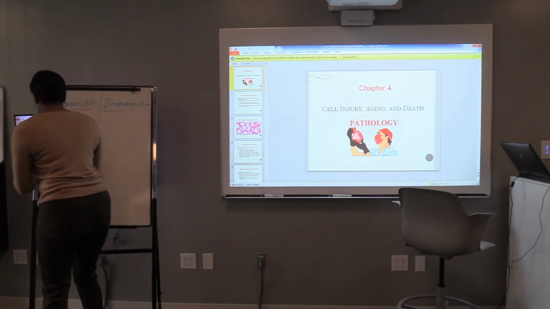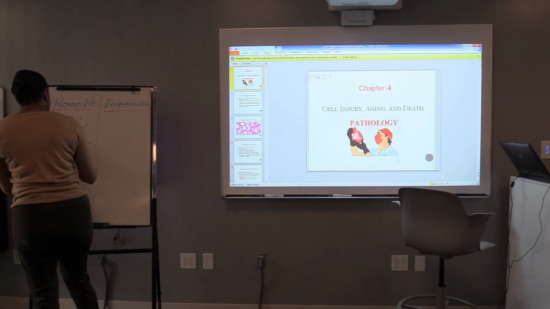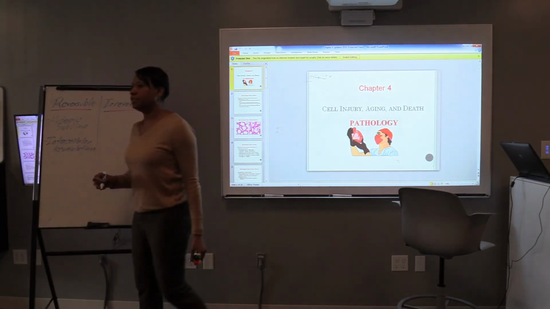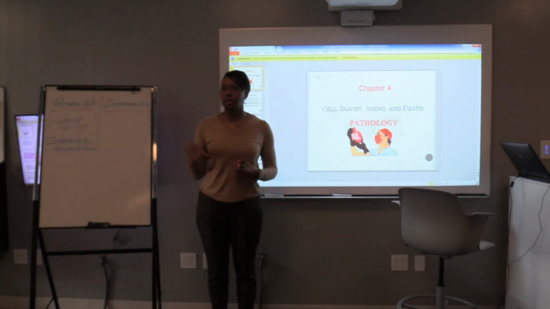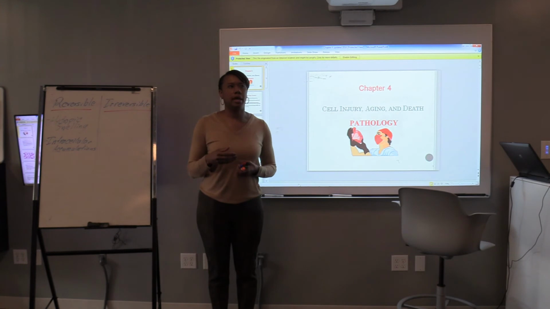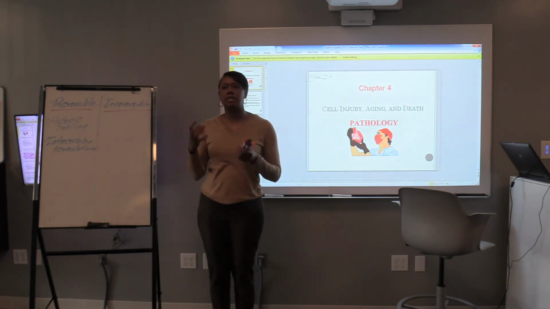The next category is intracellular accumulations. So these are items that enter inside the cell that should not be there, or items that are in excess inside the cell that should not be there. So there's extra things sitting inside the cell.